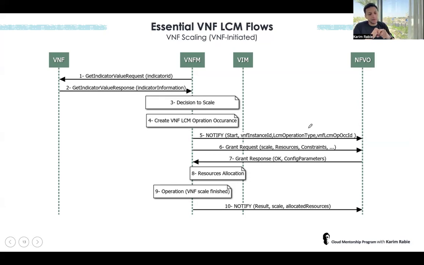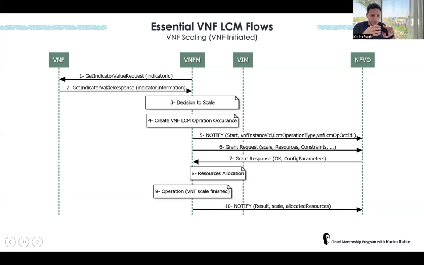You see here that in that scenario, the VNFM is polling, getting data from the VNF: indicator value request, indicator ID. Imagine that the VNFM is interested in a certain metric, for example CPU utilization, or an application-related metric. So the VNFM is continuously polling this metric, and you get continuous feeds about it. In step two, the metric is sent to the VNFM.